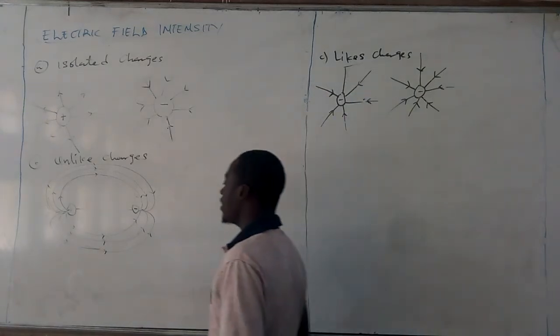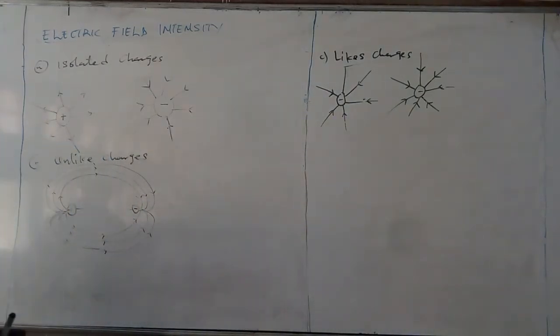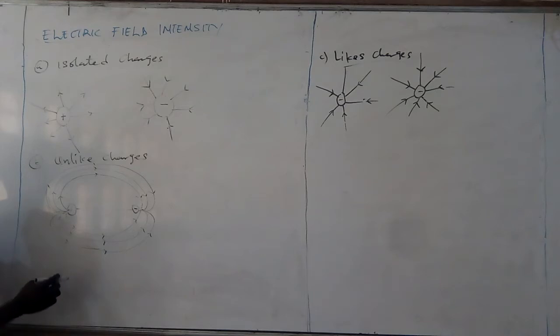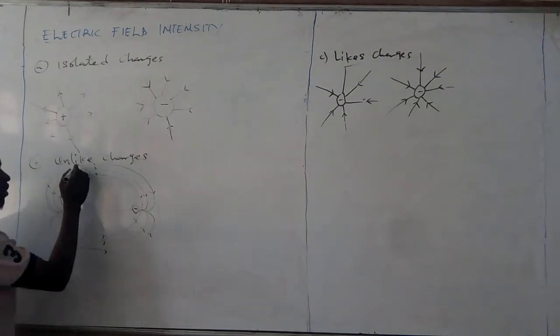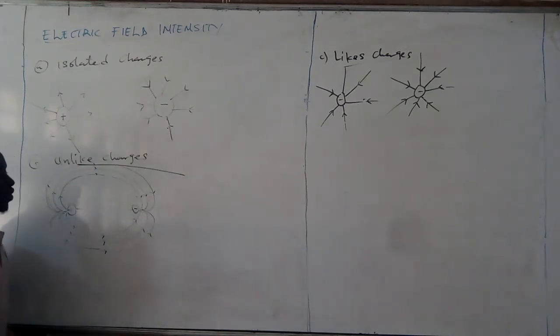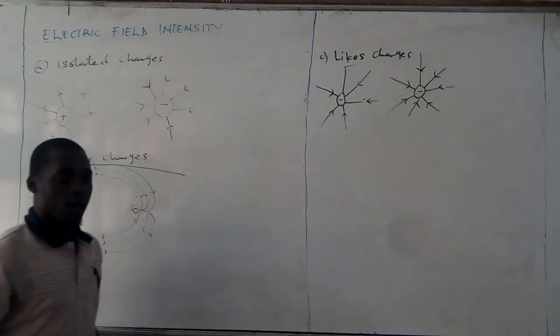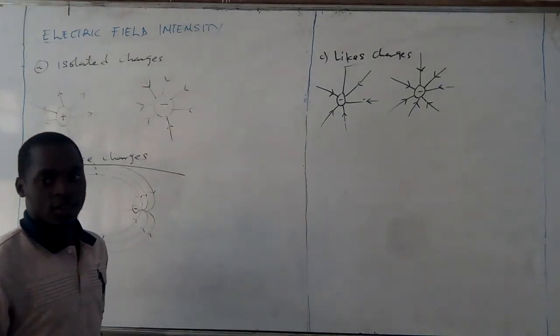And we said that the tangent to any line of force gives the direction of the electric field intensity. So if we take a tangent to this line of force, we can detect our electric field intensity.